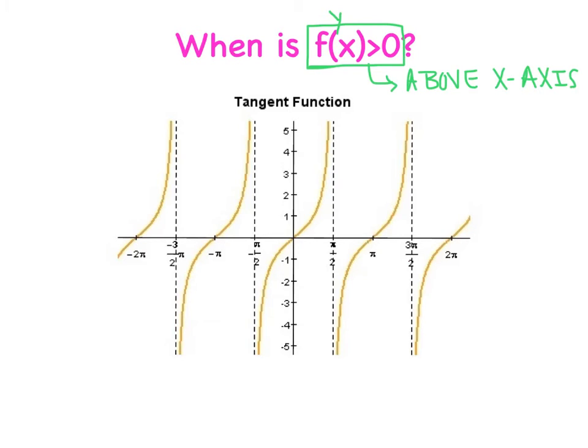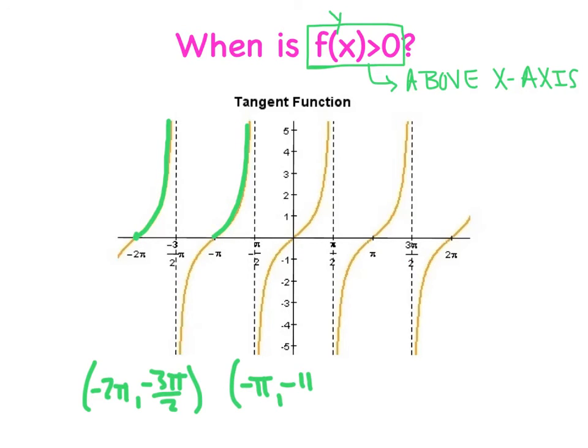And so what I've got here is I'm going to try to bold some of the intervals. So starting right here, that would be from negative 2 pi to negative 3 pi over 2. My next interval is from negative pi to negative pi over 2. And then I'm going from 0 up to pi over 2.